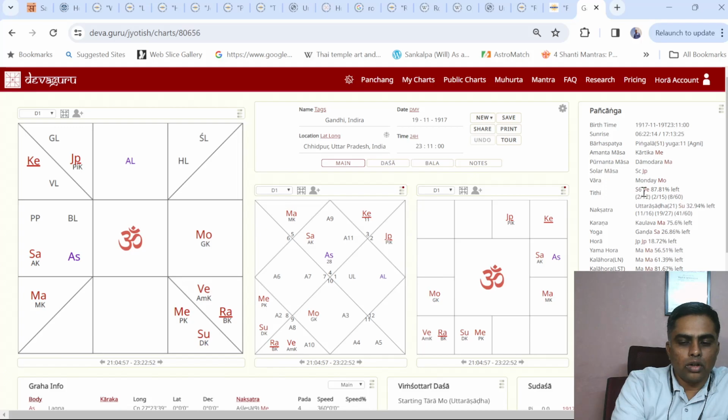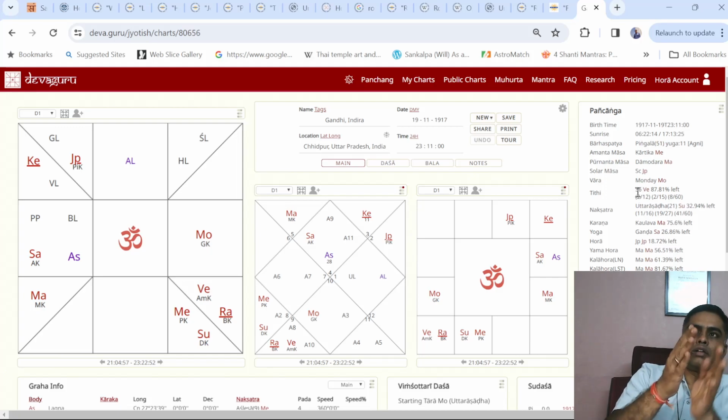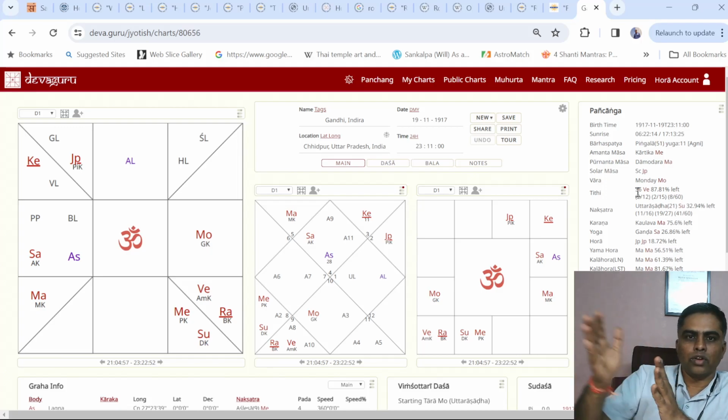Her Tithi Lord is Venus. Venus is a good planet, a benefic planet, but you see, her Tithi is Shashti Tithi, Shukla Shashti. That is after the Moon has passed 6 phases and is in the 6th day after that.